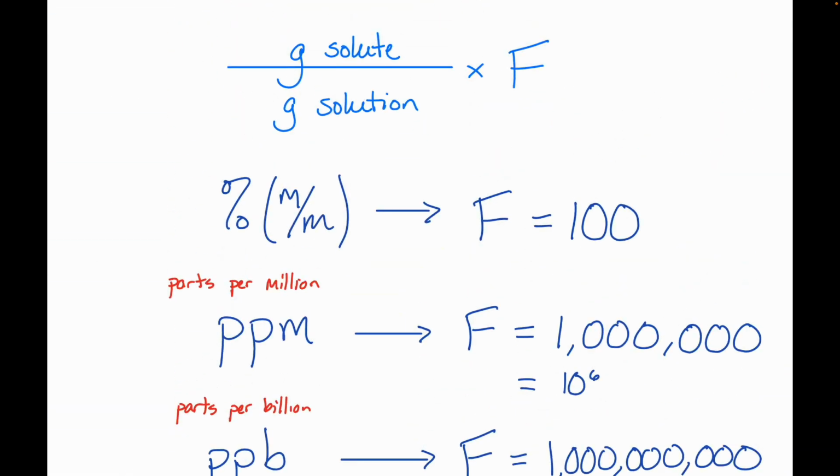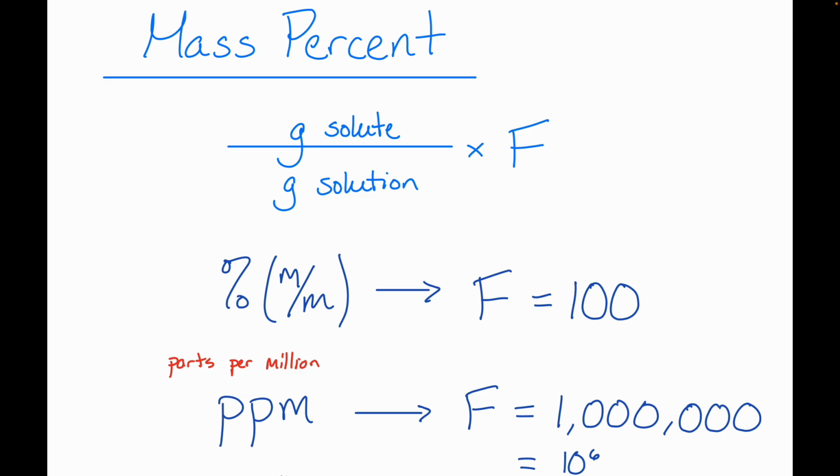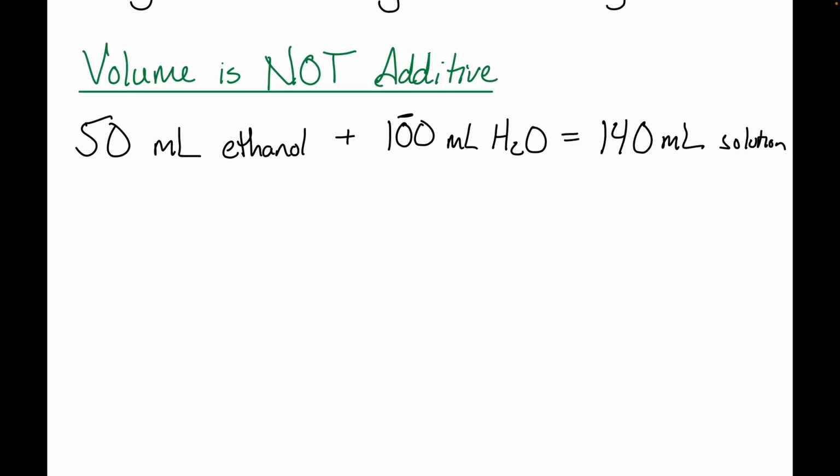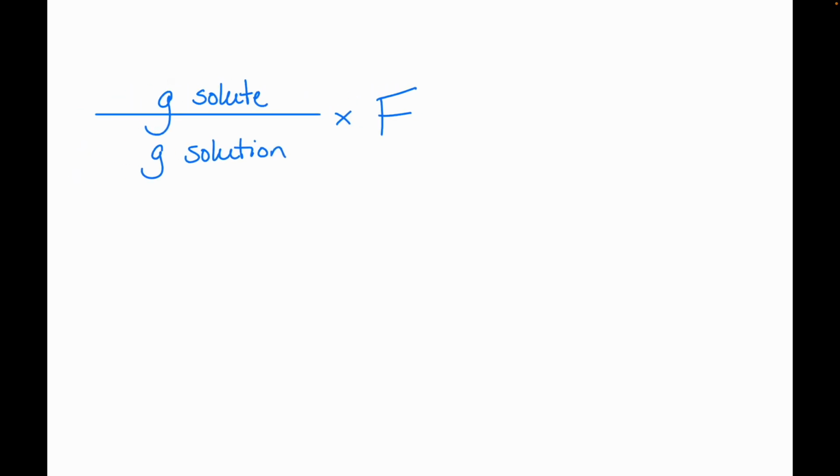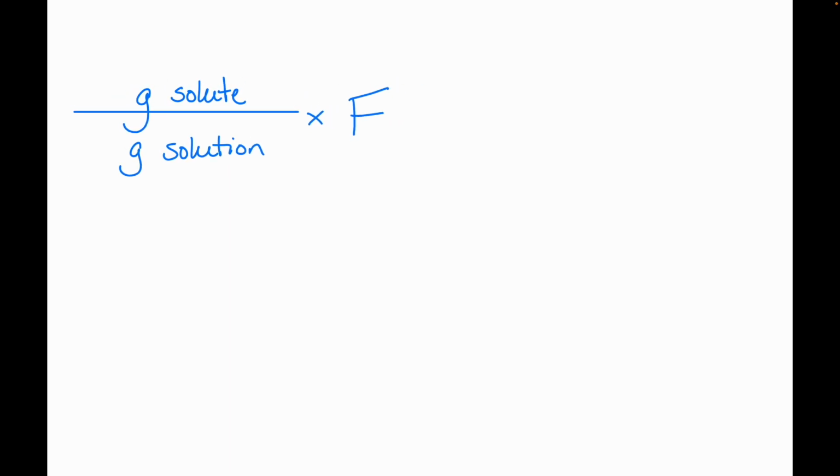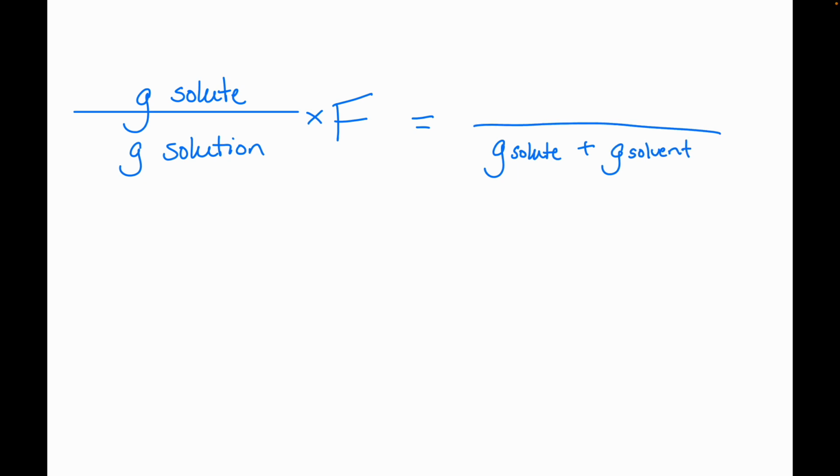Okay, so that makes these units of mass percent a little bit more convenient, right? Again, our definition of mass percent was grams of solute over grams solution times some factor of F. But this denominator here, our grams of solution, what is contained within our solution? The solute, and what's the other part? The solvent. And since mass is additive, grams of solution is the same thing as saying grams of solute plus grams of solvent.